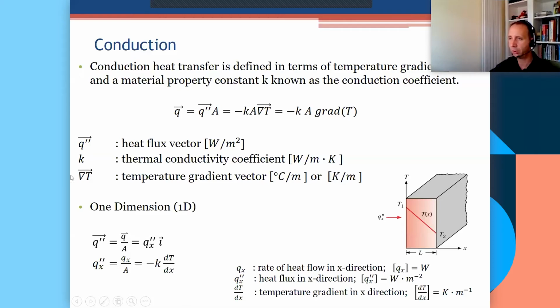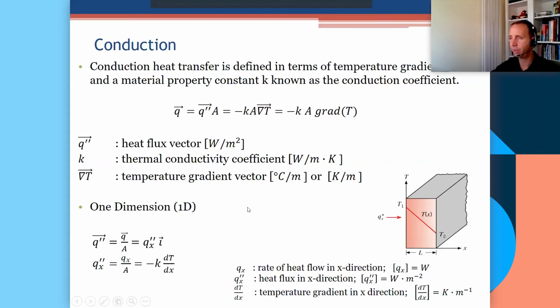So essentially the units would be temperature divided by distance, so it's K divided by meters. So to get the units of K, you take watts divided by meter square divided by K divided by m. So the meter square is divided by m, so that's why we only have an m. You can write it down and you'll see the derivation of the units. We'll do that on paper at some stage.